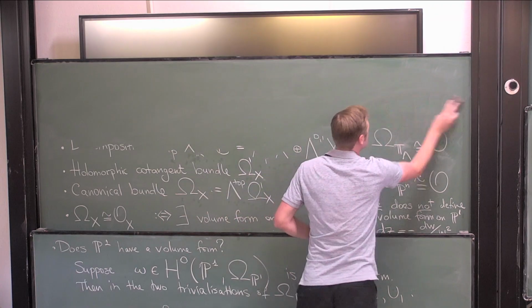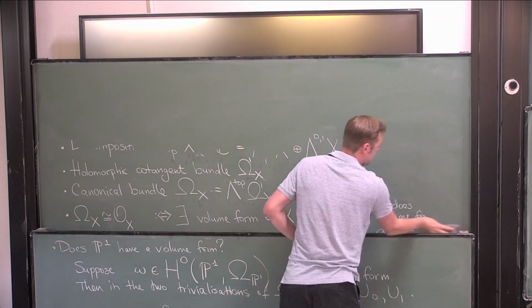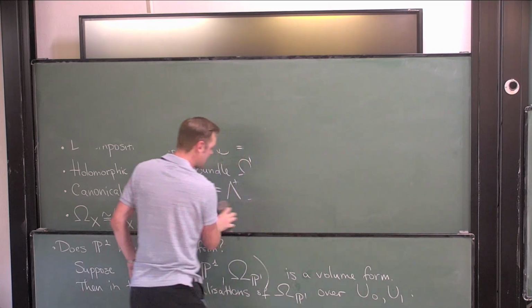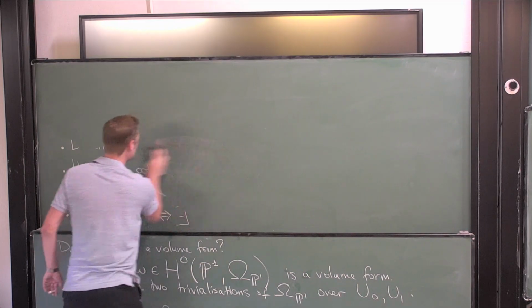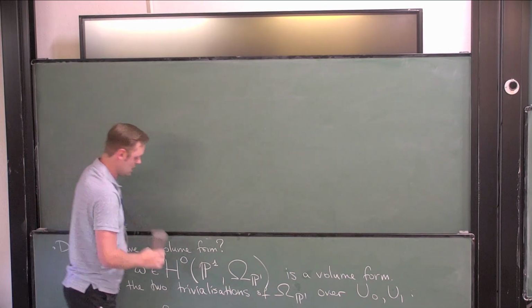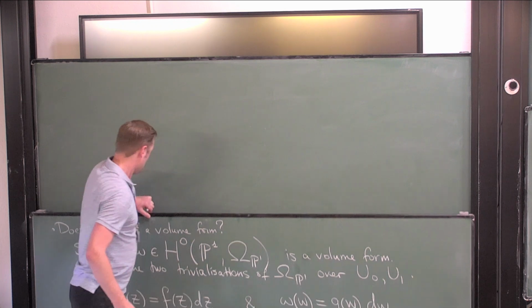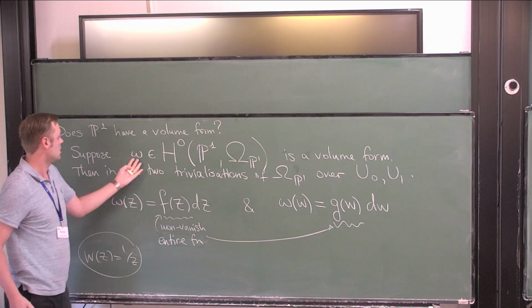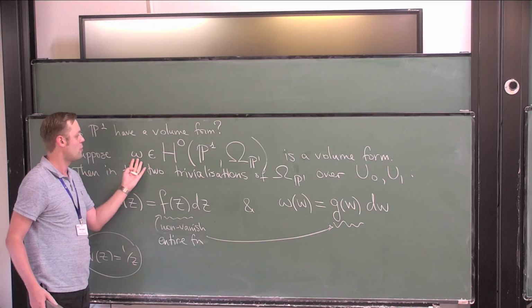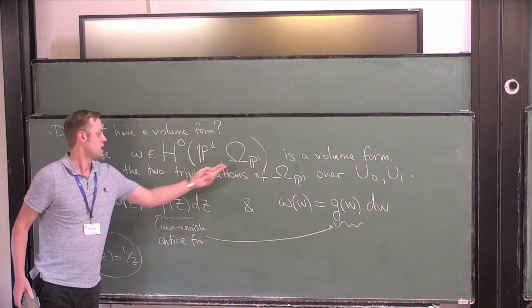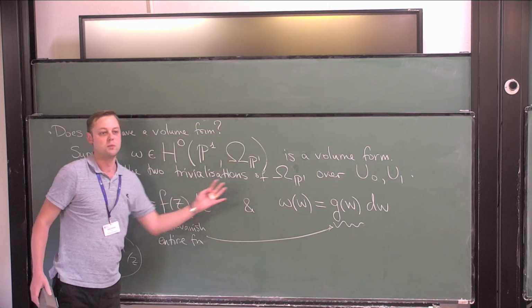Okay, so the next thing I want to discuss is still related to this, because in doing this calculation, in trying to compute what sections there are, basically what I did was, suppose omega is a section of this bundle. How does it transform?